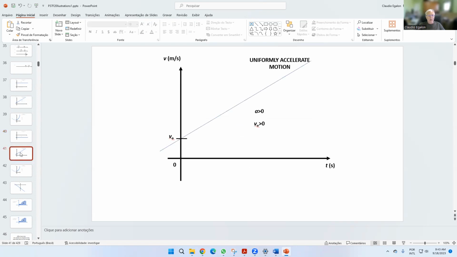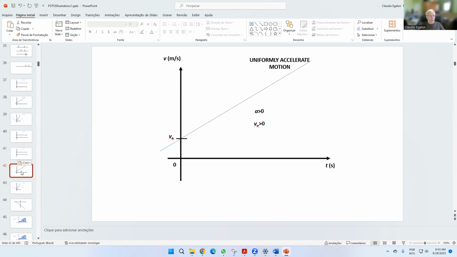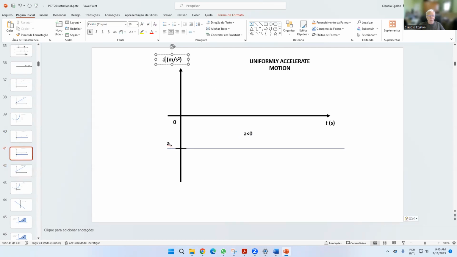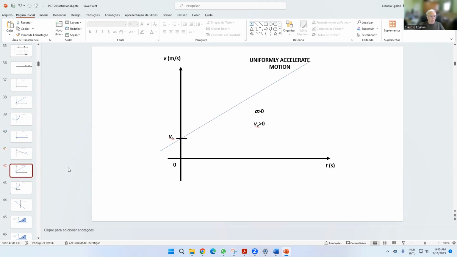And now if the acceleration is negative and the V naught is positive, let's put here V, right? We are going to have something like that for the velocity. And I don't need to display that. I'm going to copy this.